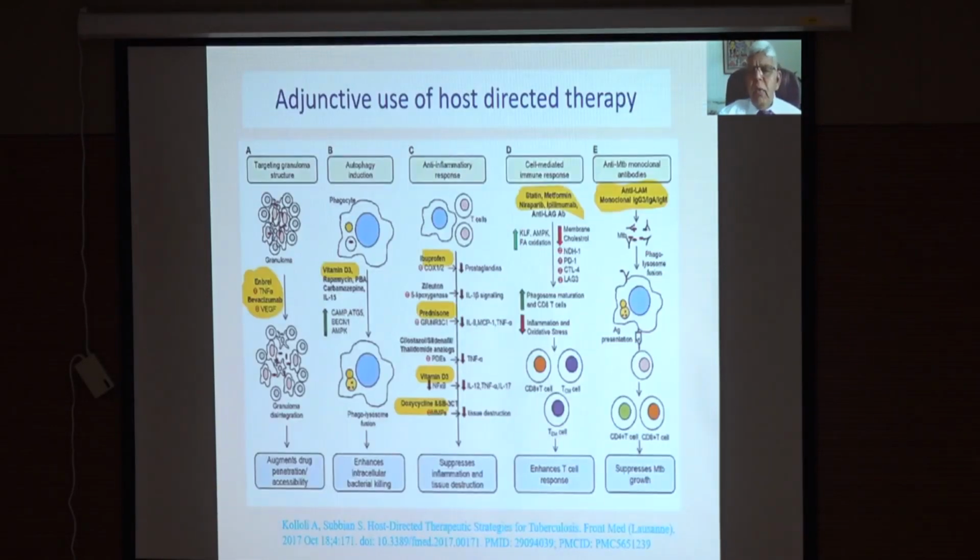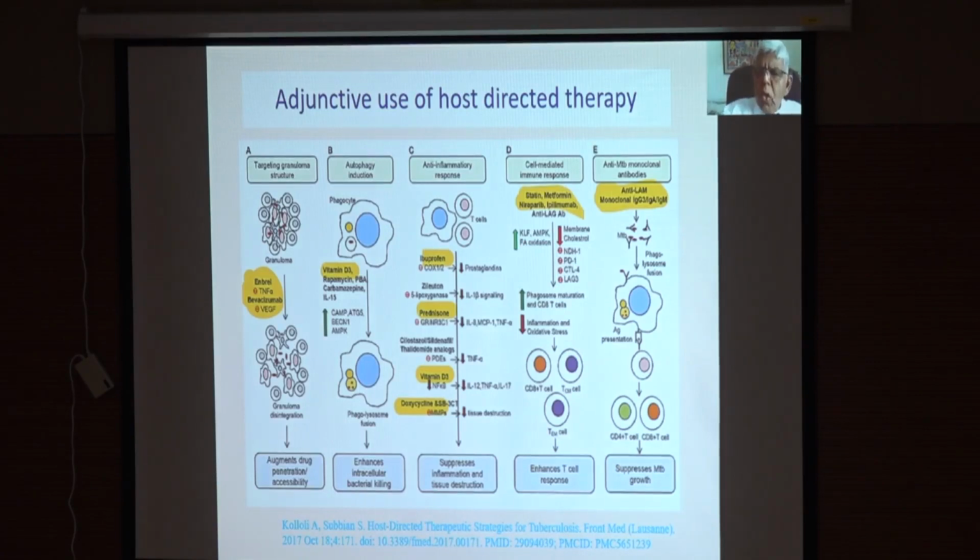Now, how can we deal with it? How can we strengthen the host? Like the one I told you about the vessels, this is how we can target this granuloma structure, by using anti-VEGF. What we have realized is that VEGF is expressed in very high quantity in the center of the TB granuloma, and that is responsible for those leaky capillaries.